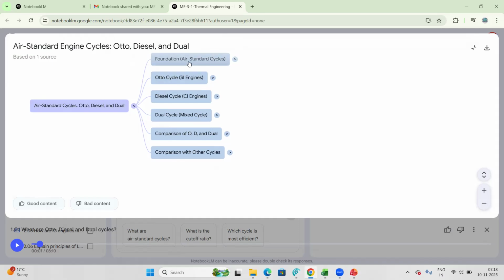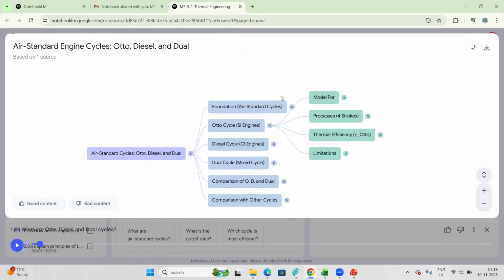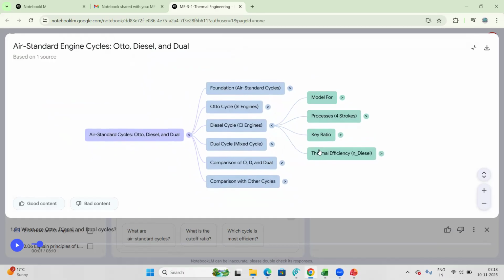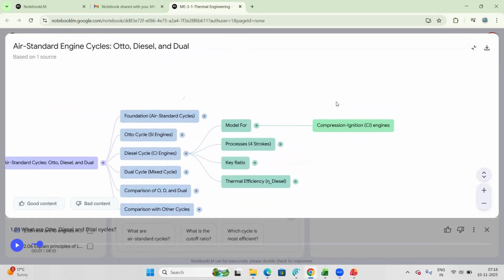In this one, you have 4 areas: foundation, auto cycle, diesel cycle, dual cycle, and comparison with other cycles. You can click on any section. Here you have the model, the process, thermal efficiency and limitations. In the same way, for the diesel cycle you have the same things: model, process, key ratio, and thermal efficiency. You can go to other sections, like the model for compression ignition engine, something like this. These are called mind maps.